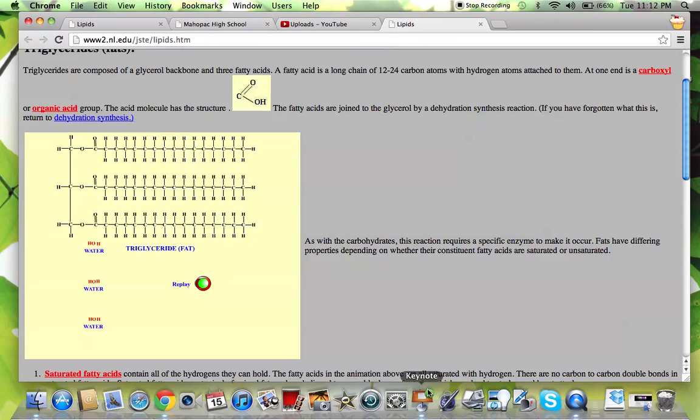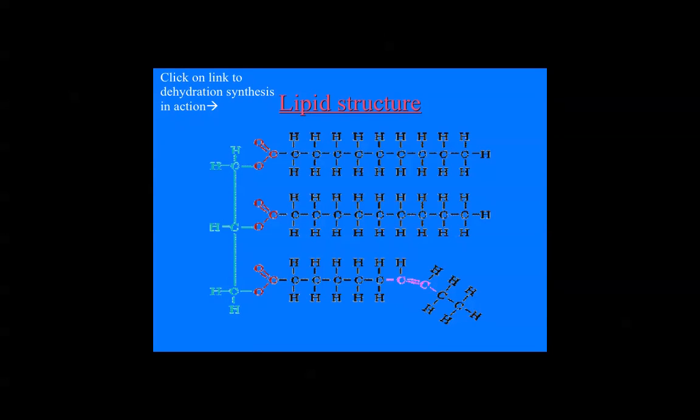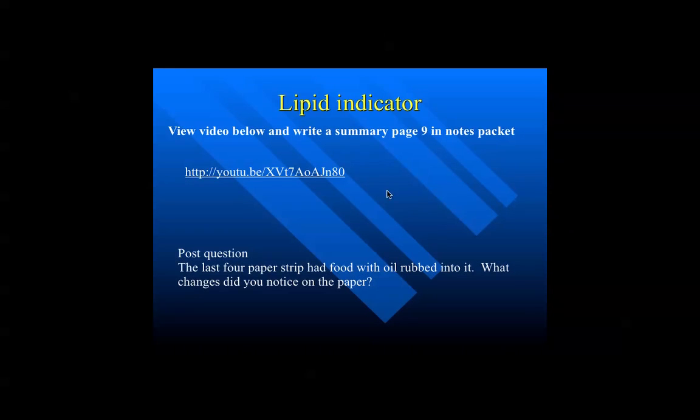Let's go back to our notes. Okay, on the bottom of page 9, I want you to take a look at this video. It's an example as to how to use brown paper as an indicator for lipid or fat, meaning it's a way to find out if there's lipid or fat inside your food.